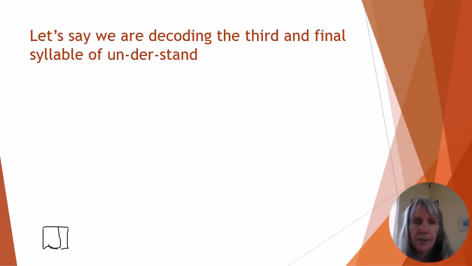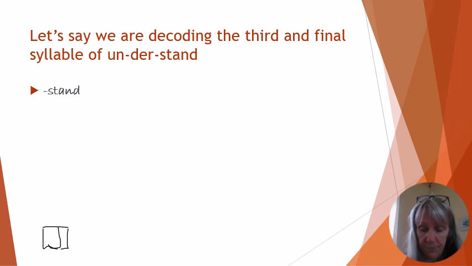Good job. So now let's say we are decoding the third and final syllable of understand. We're working on our third syllable, stand. So that is our focus. The word part or syllable stand is the word part we're focusing on.